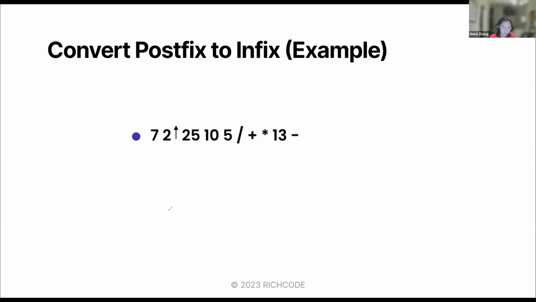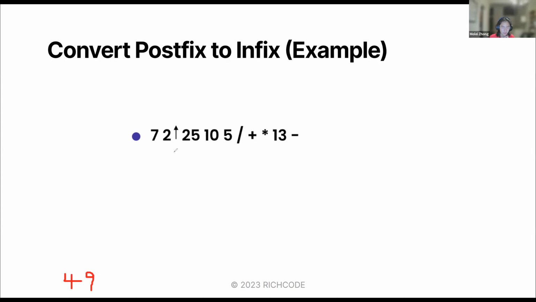Okay, so let's go through this one. Because it's postfix, we move from left to right. So we put 7 in our stack first, and then a 2, and we get an exponent. So we raise 7 to the power of 2. 7 to the power of 2 is 49.